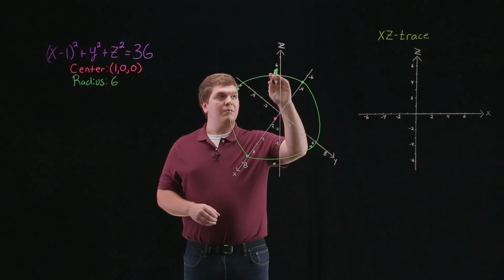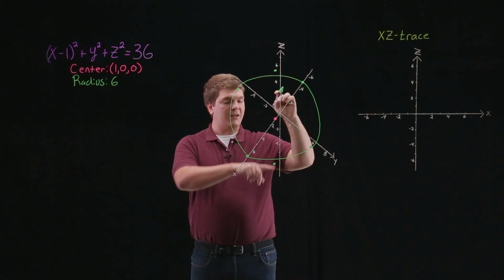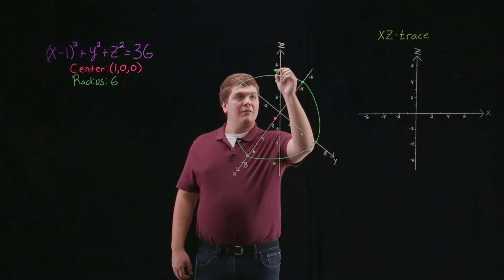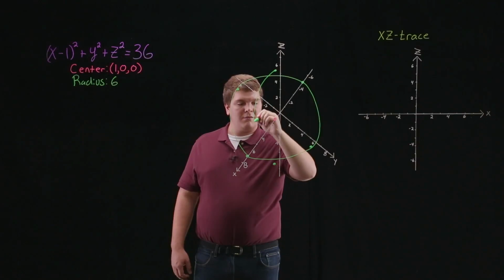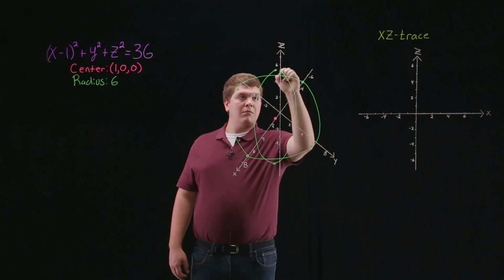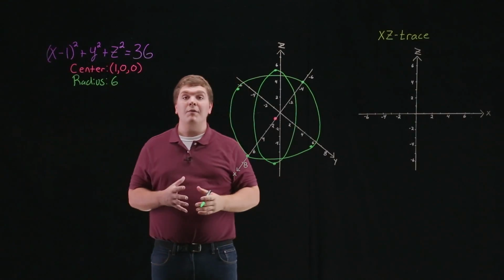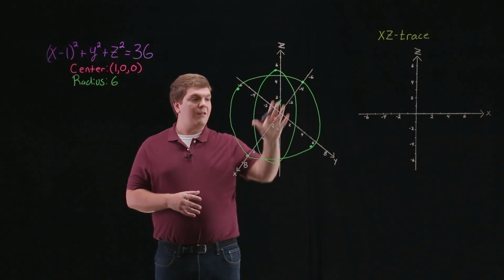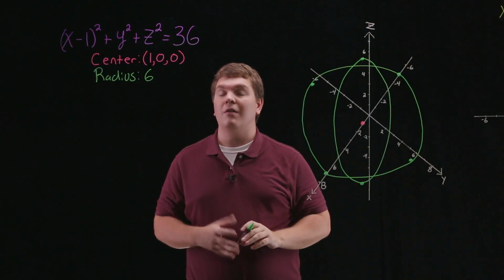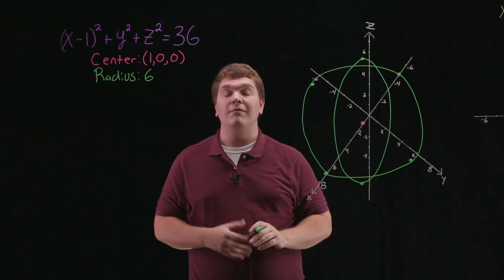And we also have 6 units up in our z direction and 6 units down in our z direction. Now if we connect these 2 points, what we see here is what looks like a sphere. So that represents the graph of our equation.